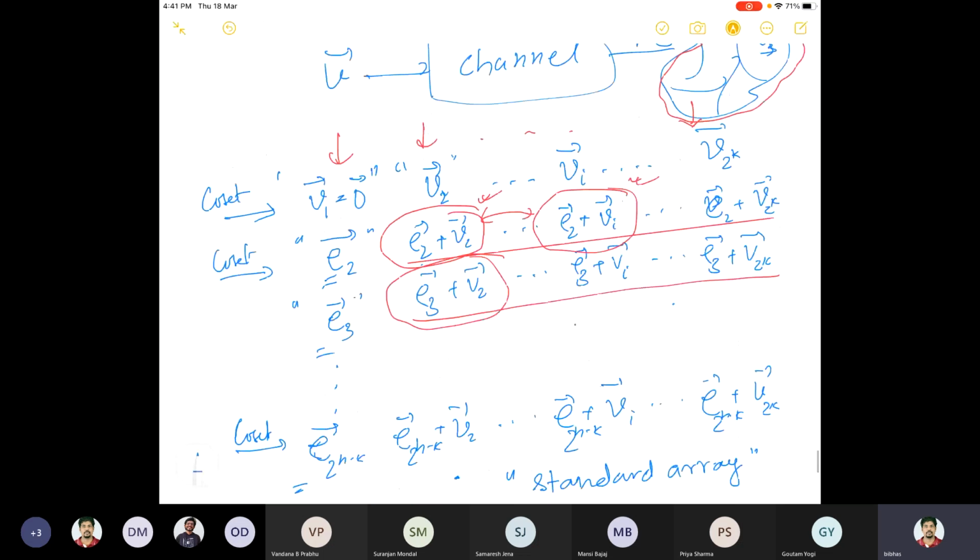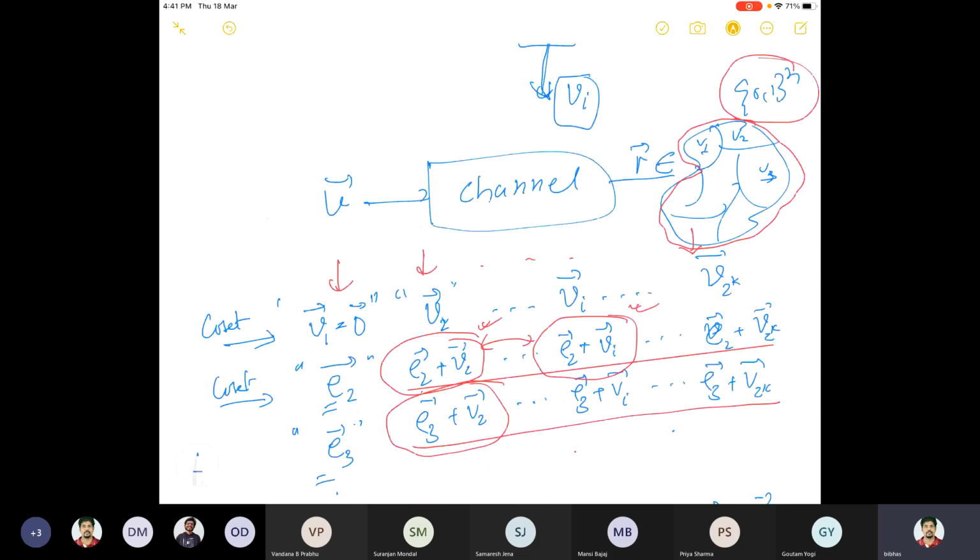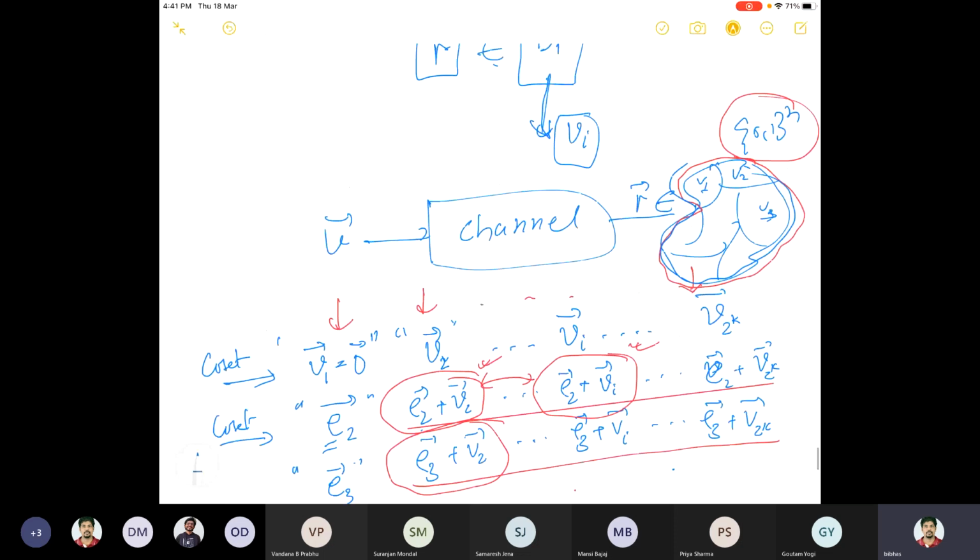I did not define the partition yet, but see what the motivation is here. I'm trying to divide this entire group, because a vector space is also a group. The entire thing is a vector space, and I'm trying to create a partition. How am I doing it? I'm using the subspace, which is actually the code.